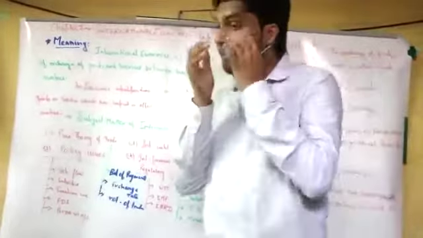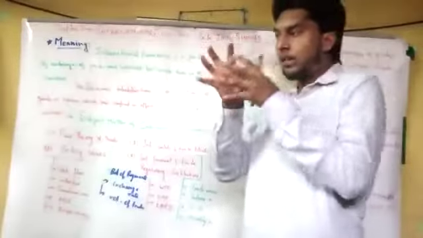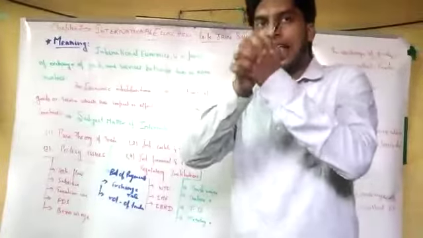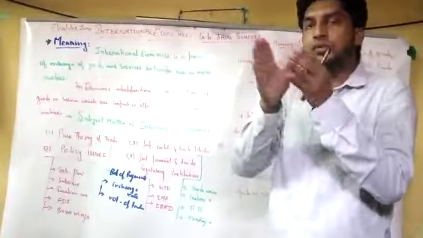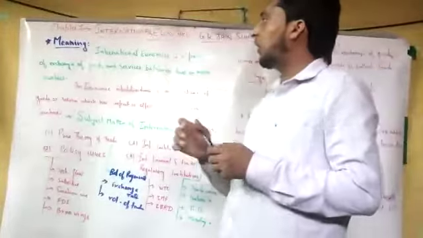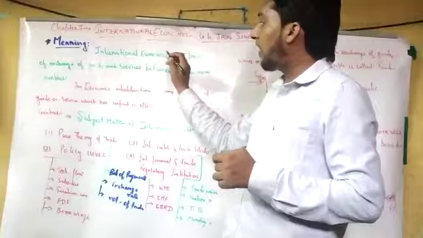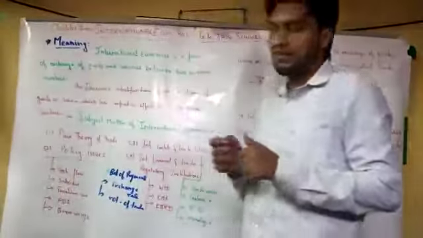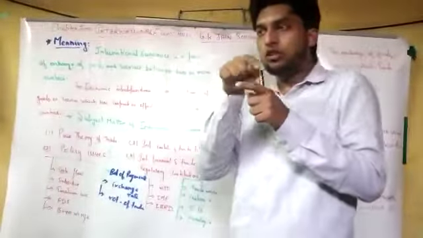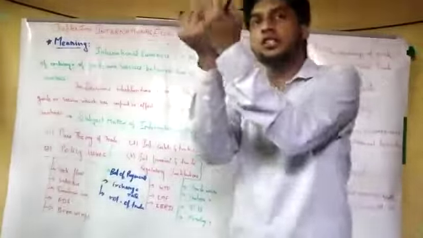In simple words, when two countries, the home country and the foreign country, come together for an agreement to exchange goods and services, that is what we call international economics. Very simple to understand. It is the process of exchange of goods and services. You are giving the goods, so there should be an exchange of money.